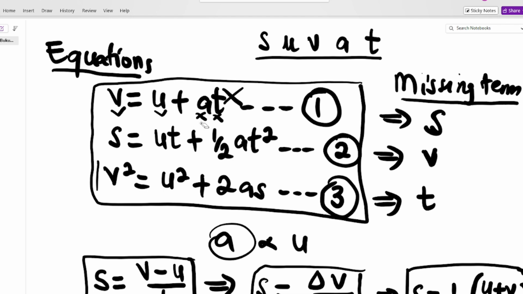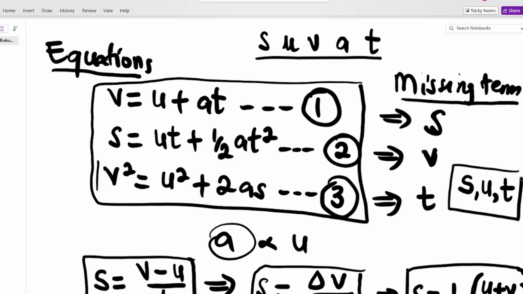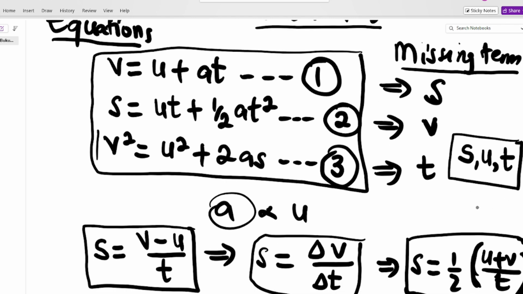Inside the equation, they have given us S, they've given us U, and they've given us T. They've given us these three things. This one is for Kennedy, right? Kennedy, look at this one and tell me which equation is appropriate for us to use.